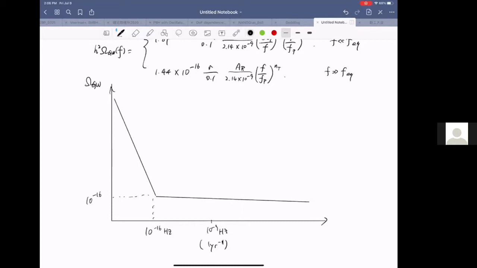So in this case, the most sensitive frequency is the inverse of the total observation time. That's usually in the unit of like 10 years. So in here, the sensitivity is something like this. Let's see. So this is 10 to the minus 9. Maybe this is too large.